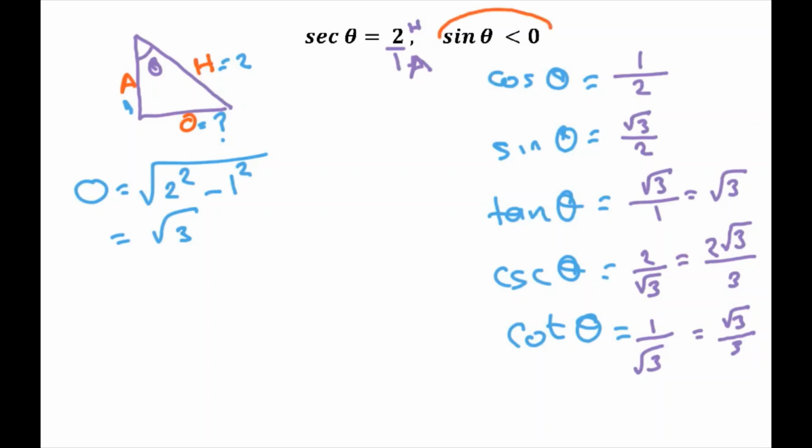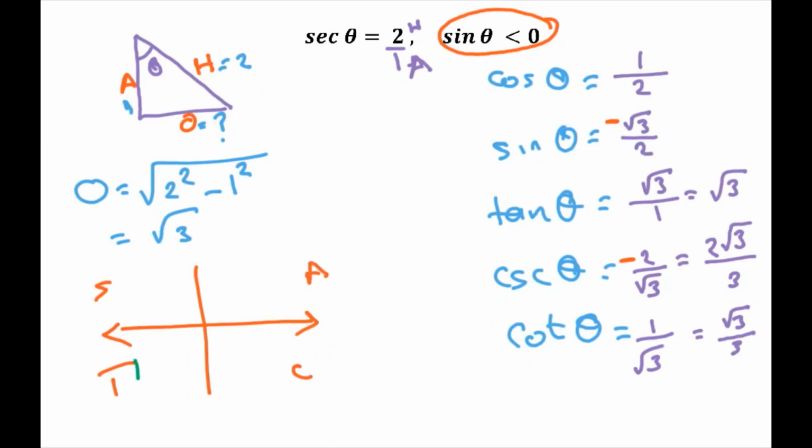Now it comes to study the sign. They said that sine is negative, so we know that it's negative, and its reciprocal will be negative. Now let's think about it here. Based on the CAST rule, sine is negative where? Sine is negative here and here, because tangent is positive in quadrant 3, and cosine is positive in quadrant 4.